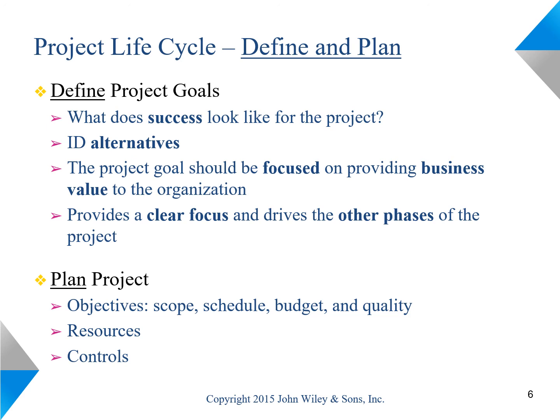The costs and benefits, as well as feasibility and risk of each alternative are analyzed. Based upon these analyses, a specific alternative is recommended for further planning. Finally, the project's goal and analysis of alternatives that support the goals are summarized in a deliverable called the business case.